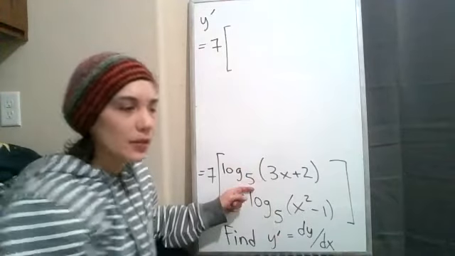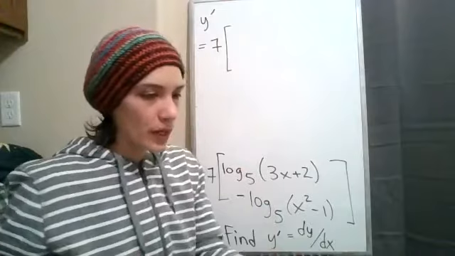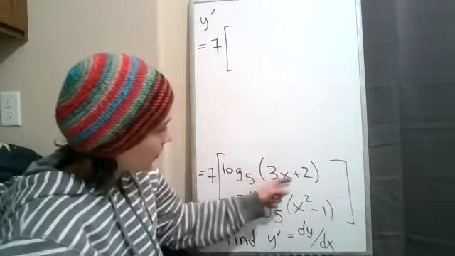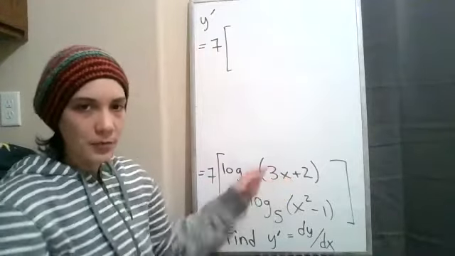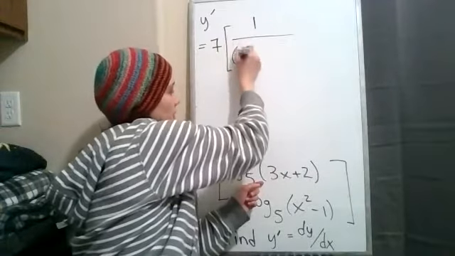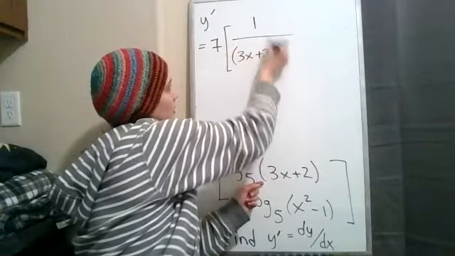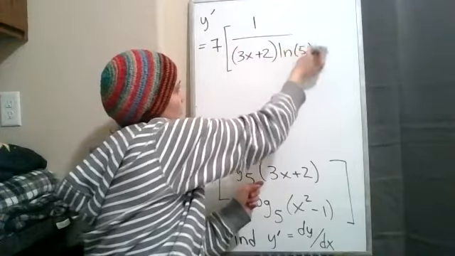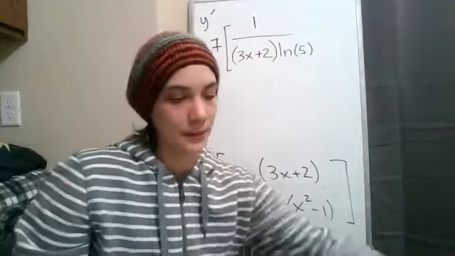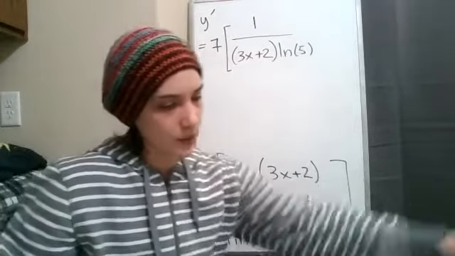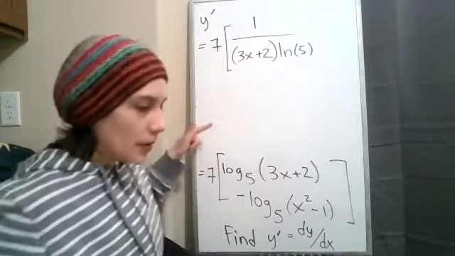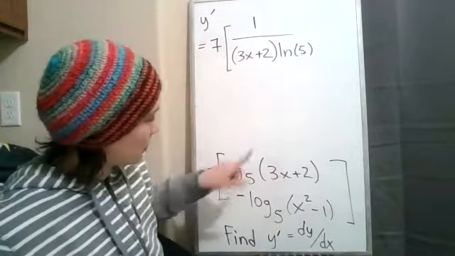Okay. So we talked about this last time. We want to do 1 over what's in the argument and then multiply by ln of 5. So it'd be like 1 over 3x plus 2 ln 5. Double check though. Let's see, previous notes. 1 over this, multiplied by that.